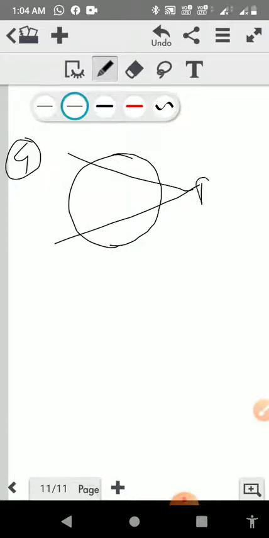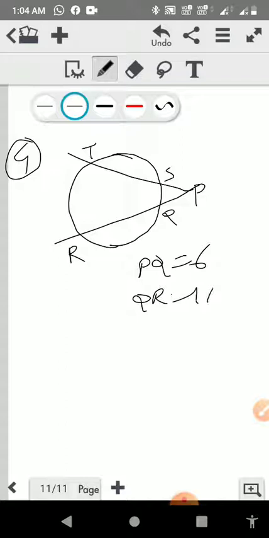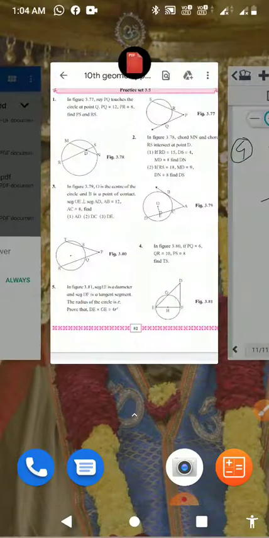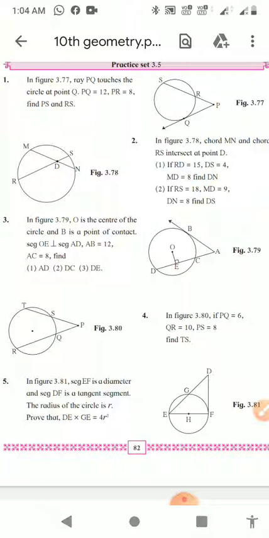This is your point P. This is T and S. This is Q and R. Okay, so such a diagram is given, and the value of PQ is given as 6 units, QR is given as 10 units, and PS is given as 8 units. Now we have to find out the value of TS.